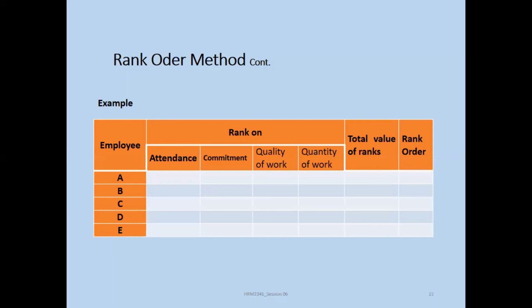Firstly, based on the attendance, we can give the rank. When we consider the attendance, the perfect attendance is with employee A. When we compare with other employees, the next best person is employee B. Third rank goes to employee C, then employee D and employee E. If the value of rank is less, it is the best person.